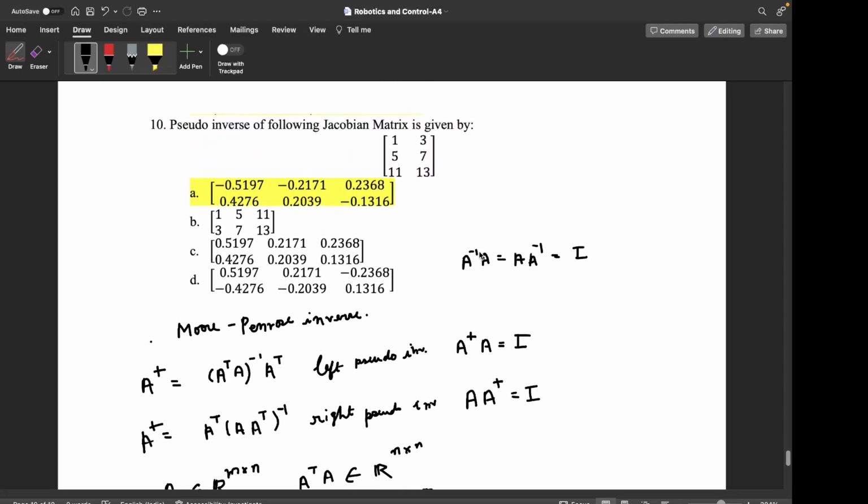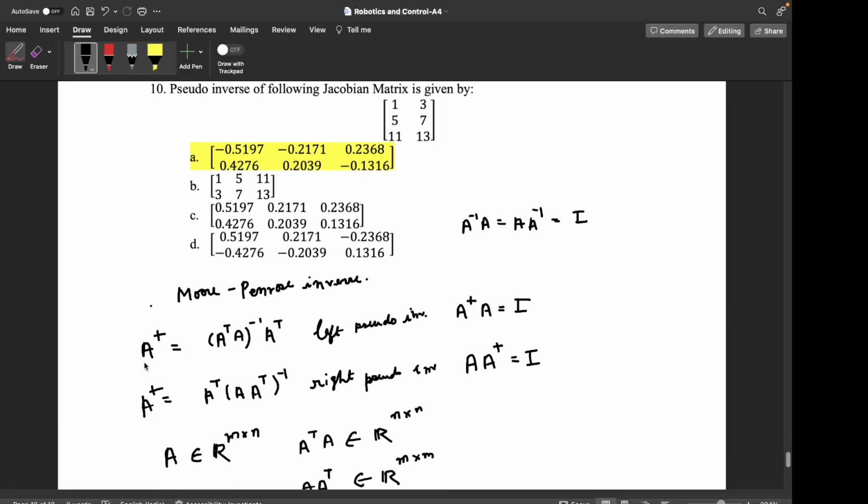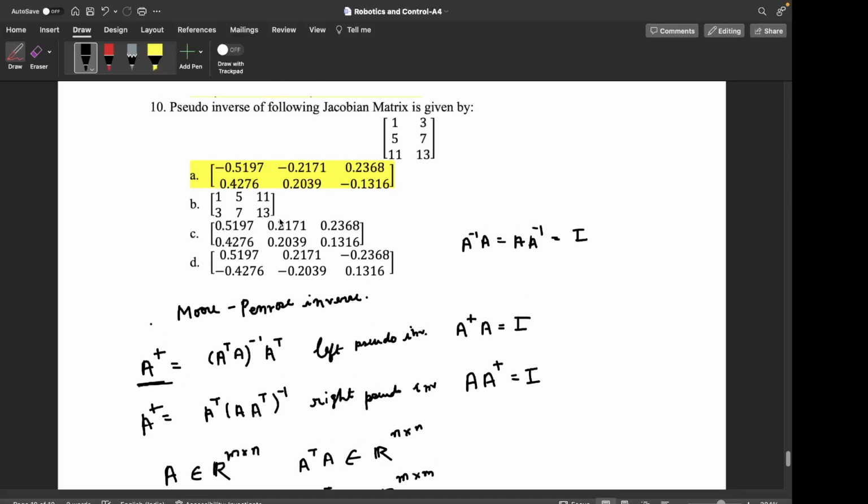Here, usually the left pseudo inverse is commonly used, so you can use the formula to compute the pseudo inverse. This is how we can justify that it's a left one, because this is a 2 cross 3 and this is a 3 cross 2.